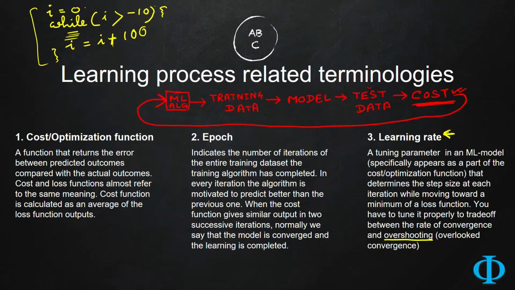So what is the problem now? Let's say this minus 10 was where the loop was breaking, so this minus 10 was our point of convergence.